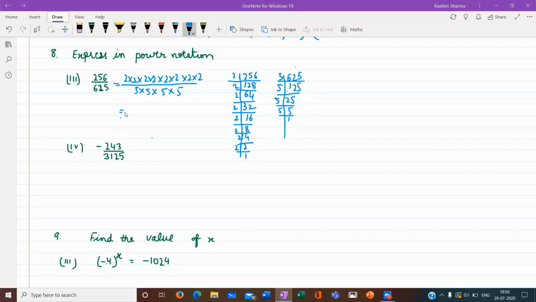So we can write it as 2 raised to power 8 and 5 raised to power 4. This is our answer.